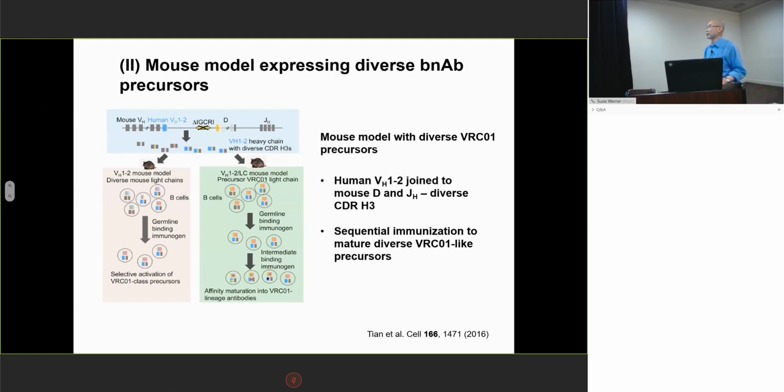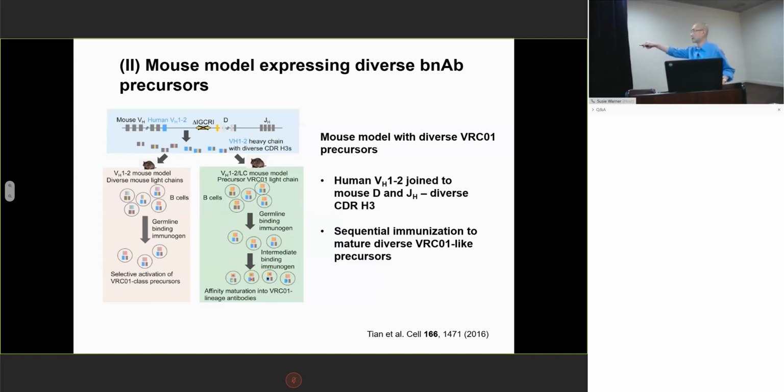So the second type of model is a bit more physiological. Basically, instead of putting in a fixed rearranged variable region, we put in gene segments so that they can rearrange de novo. You have diverse CDR3, and you also have a lot of mouse antibodies in this mouse model, so they serve as competition to see whether immunity is specific enough.